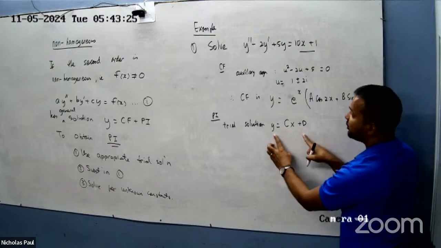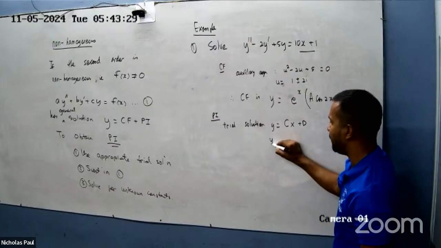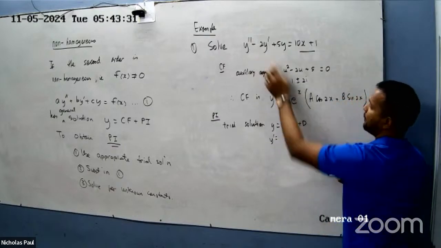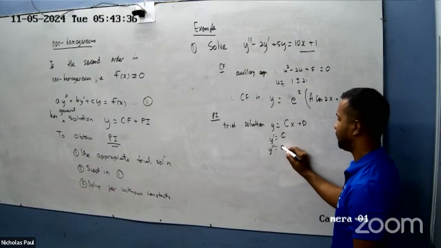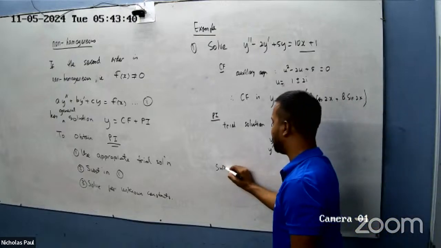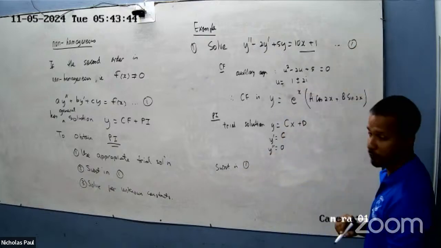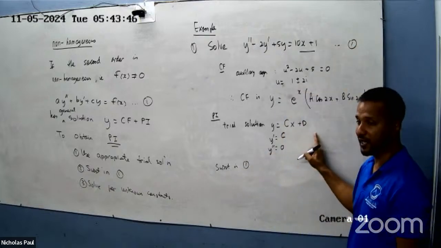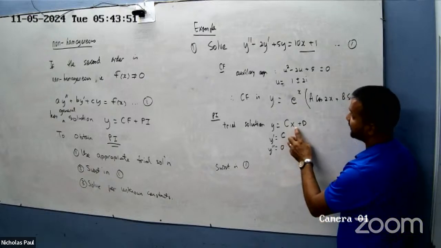So what we have to do now is put y in here. We already have y. We need y prime, which is just differentiating this, and we need y double prime. Now I am going to substitute into the equation. Let's call this equation 1. Then I'm going to solve for C and D. I'm going to substitute this and this in here.